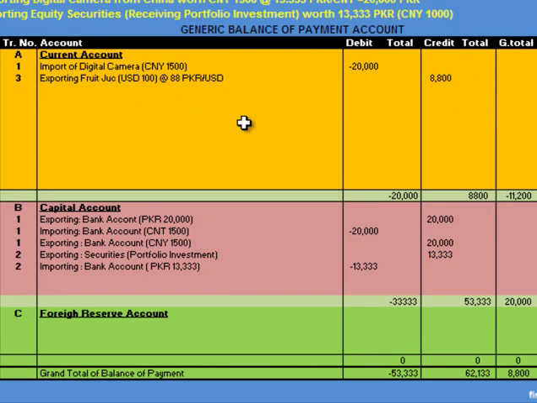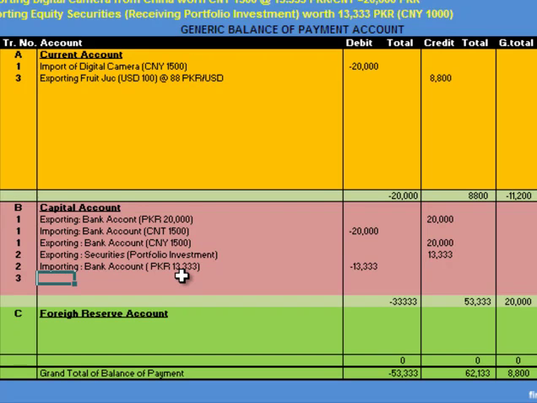And what you are importing, what you are receiving in return, so definitely the buyer of these fruit juices in United States will pay you Pakistani rupee. So you will receive 8800 Pakistani rupee in your bank account. So bank accounts would be recorded in capital account.